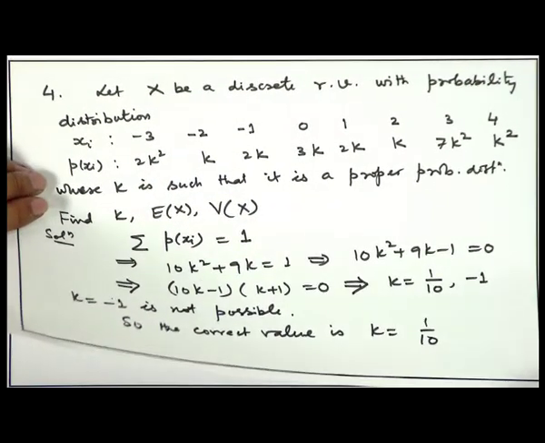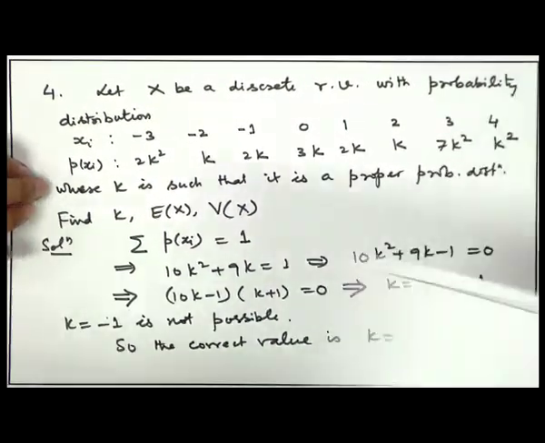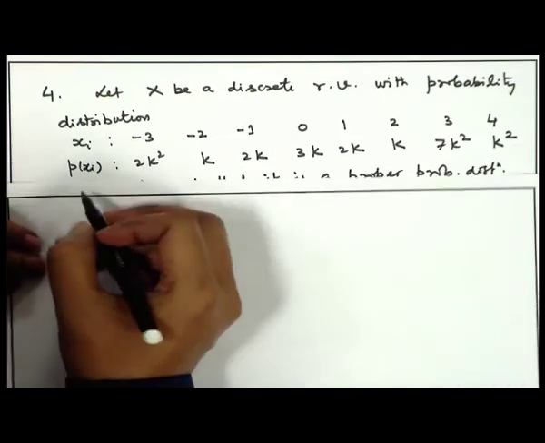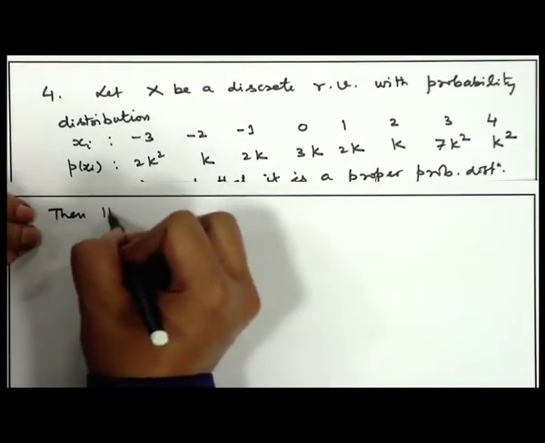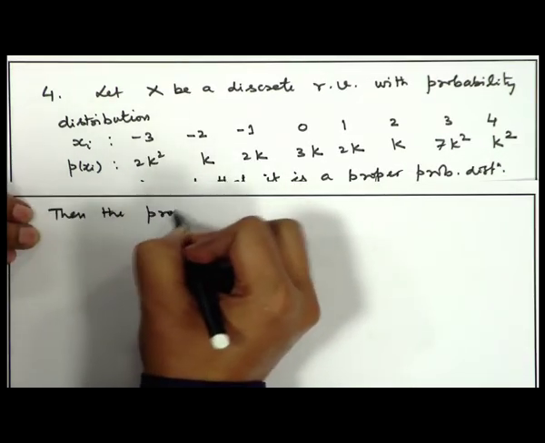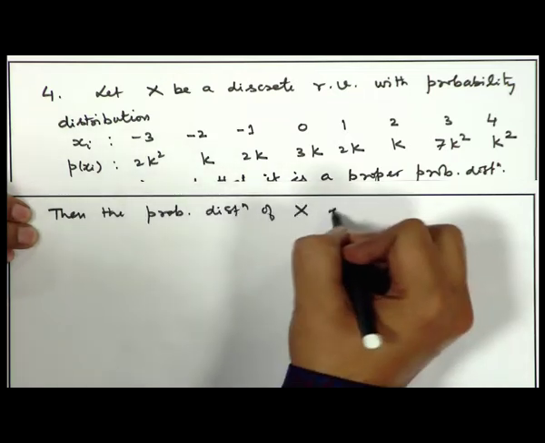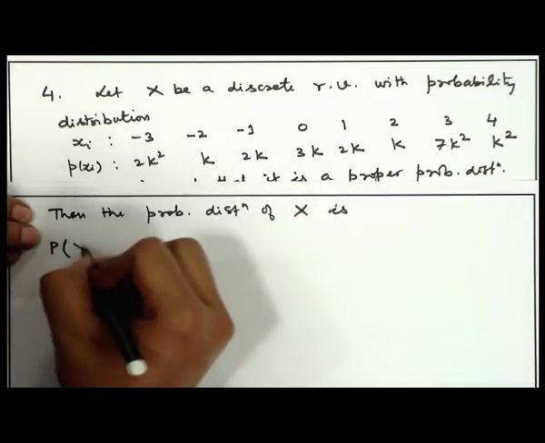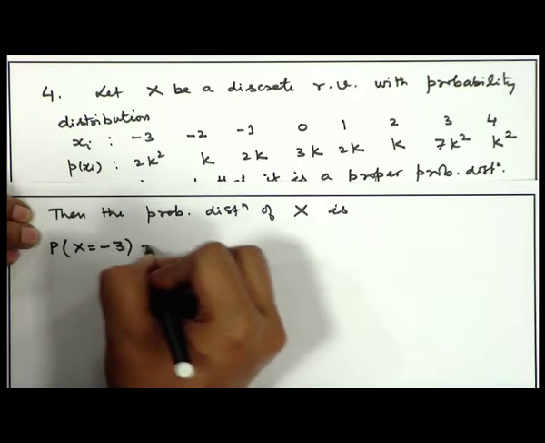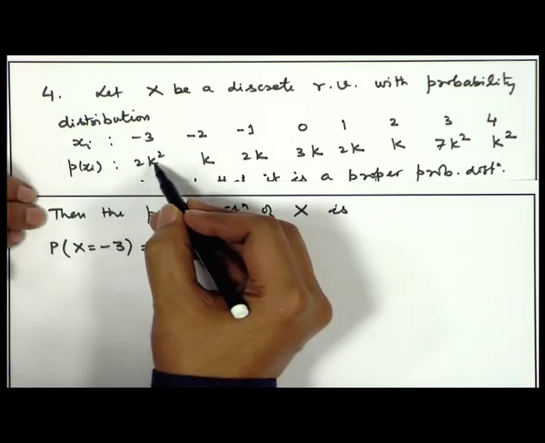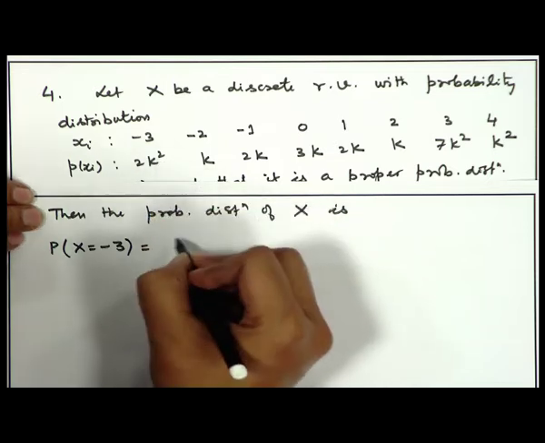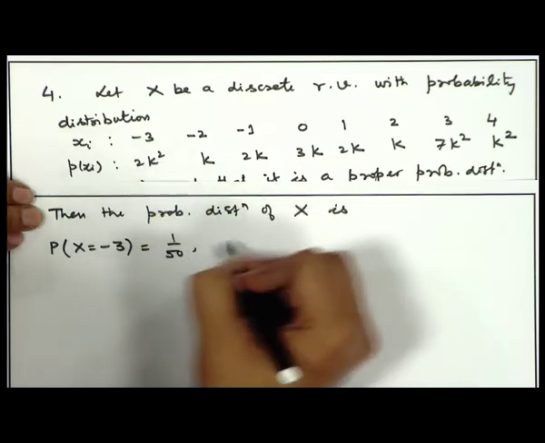So, what are the probabilities? The probability distribution of x: probability x equal to minus 3 is 2 into 1/10², so it becomes 1/50.